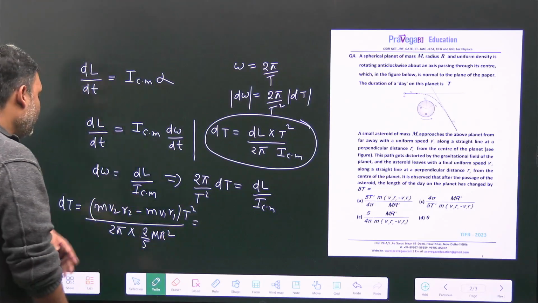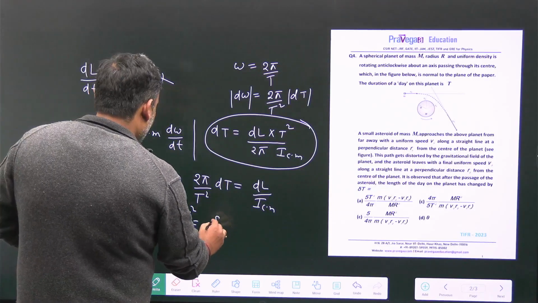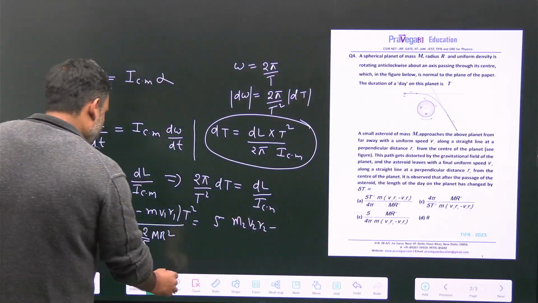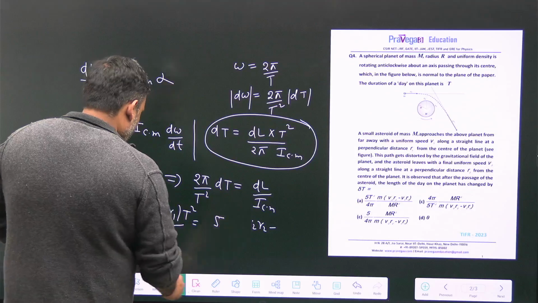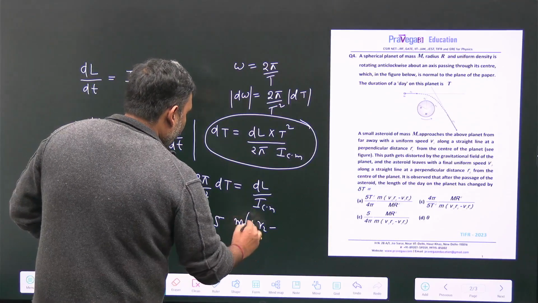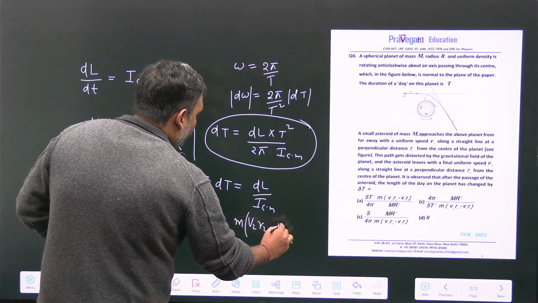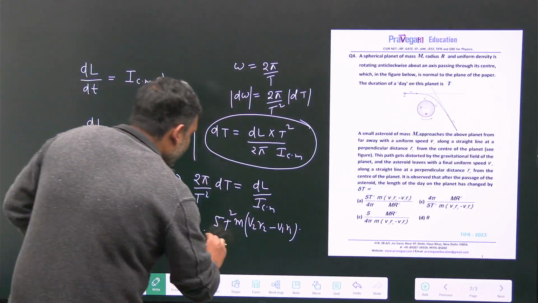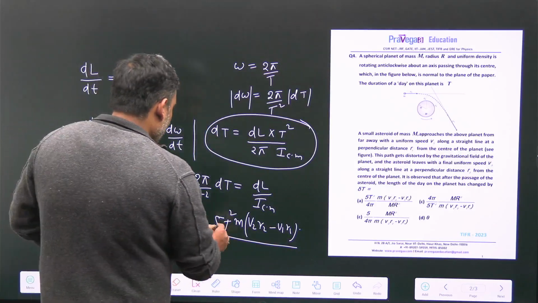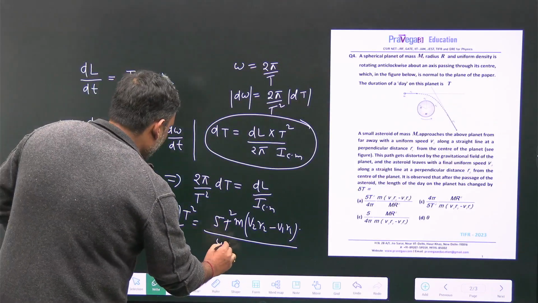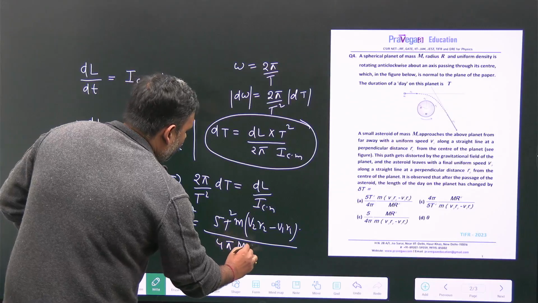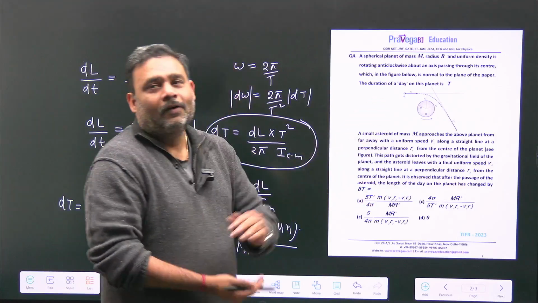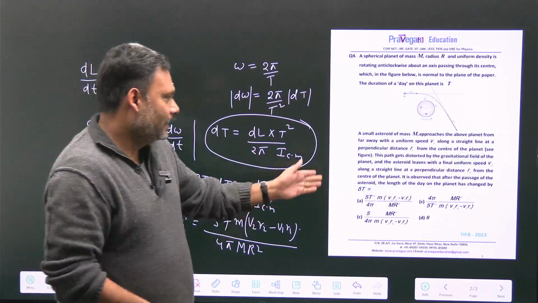Once we write this whole thing, we can take m common, and we have v2 r2 minus v1 r1 into T square, and 5 is also there, so here we have 4 pi m r square. So this is our answer. Answer number 1, or answer A, is the correct one.